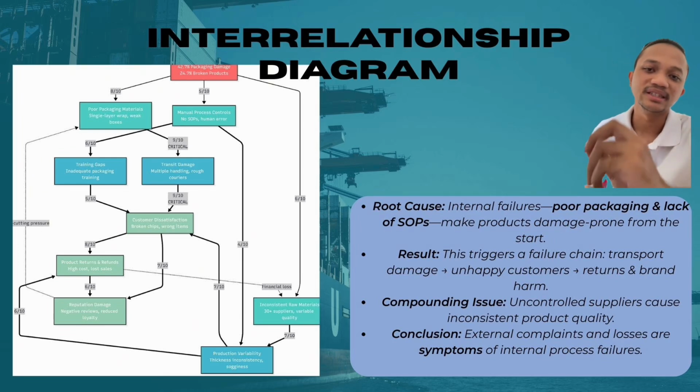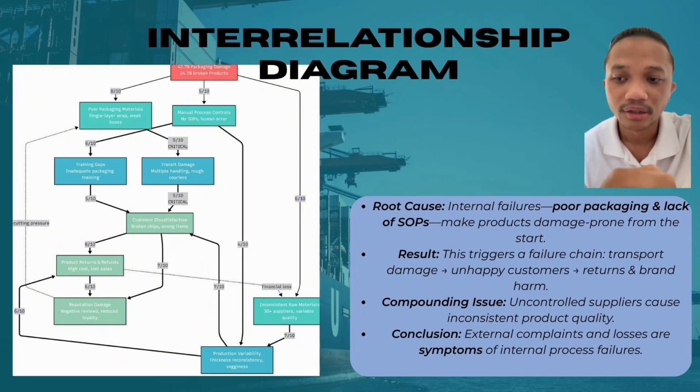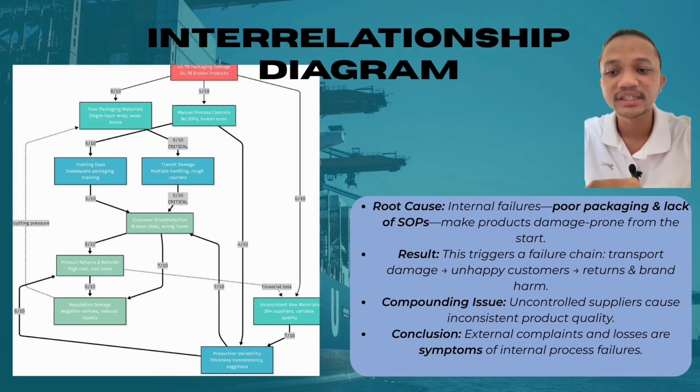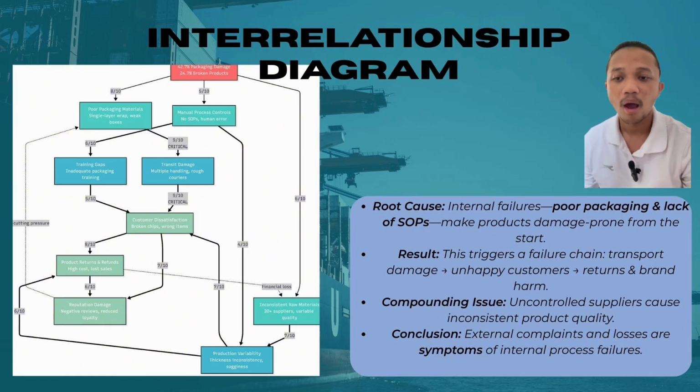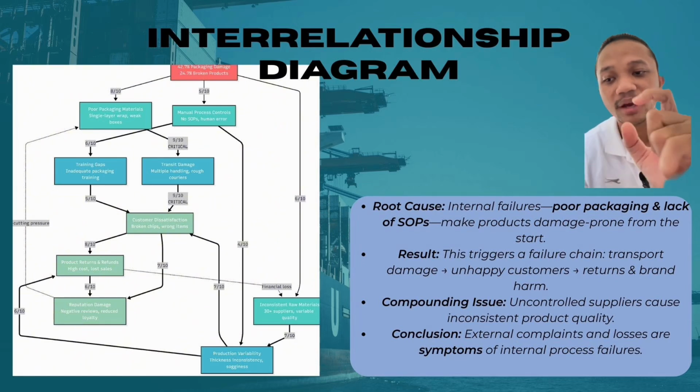This internal weakness is the first domino, directly leading to damage during transportation, which then triggers a disruptive chain reaction of customer dissatisfaction, product returns, and lasting harm to the brand's reputation.